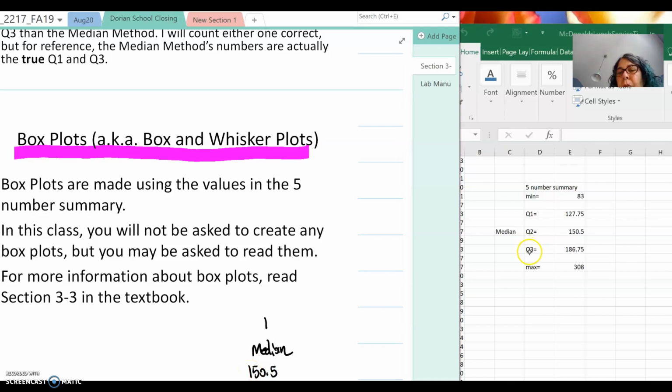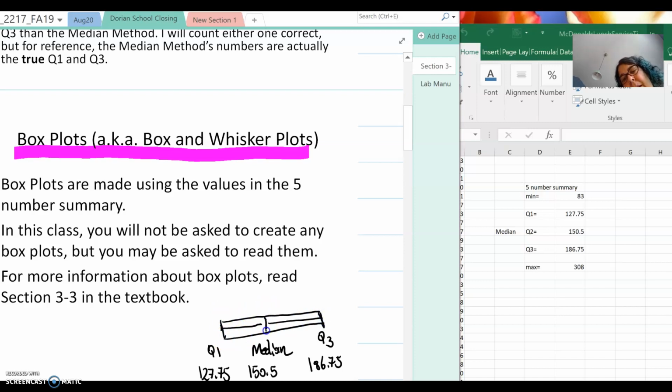And then I'm going to go to the right. That will be Q3, which is 186.75. Then I have Q1. It's a little bit closer to the median. Hence, I'm going approximately 37 steps over the median to get Q3. I'm going about 28 units to find quartile 1. So now that's my box.